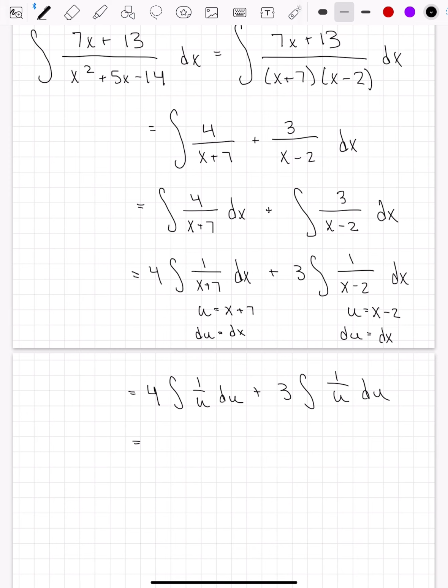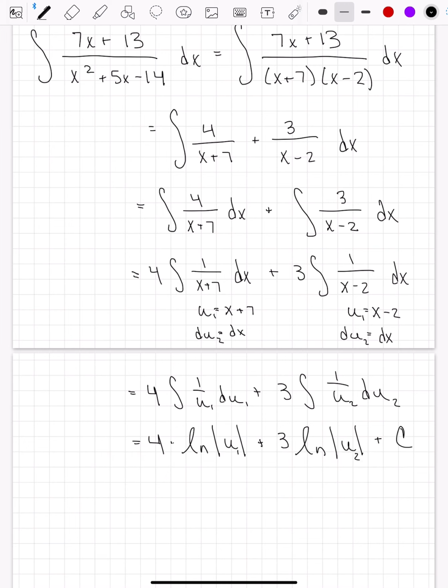And then we know the integral of 1 over u. We can do that with our antiderivative formulas. We know that that is equal to ln of the absolute value of u, plus 3 times ln of the absolute value of this u. So maybe I should mark these as u1 and u2, just to be super specific.